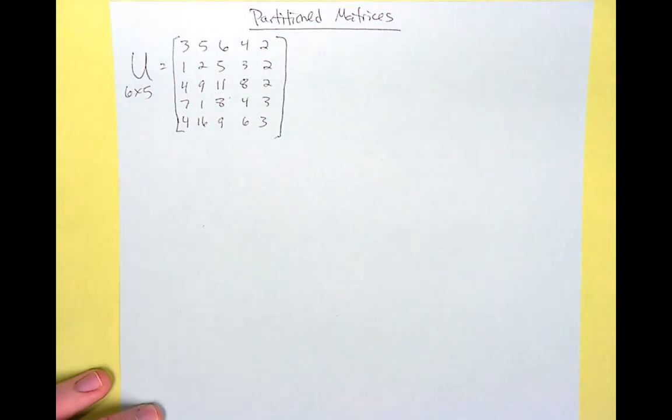So as you can see, that's a pretty large matrix that we can actually partition. So let's say we want to cut U into 4 pieces.